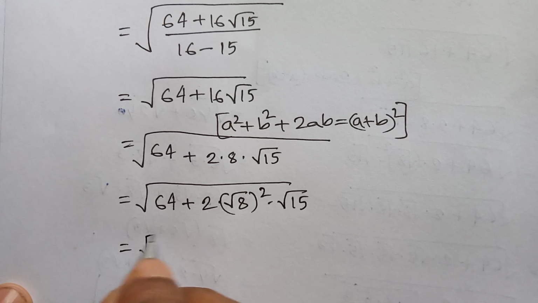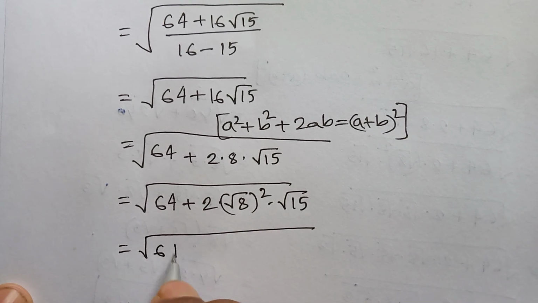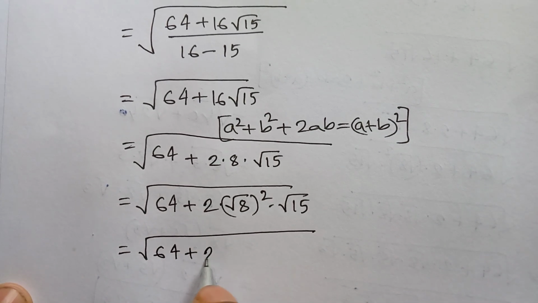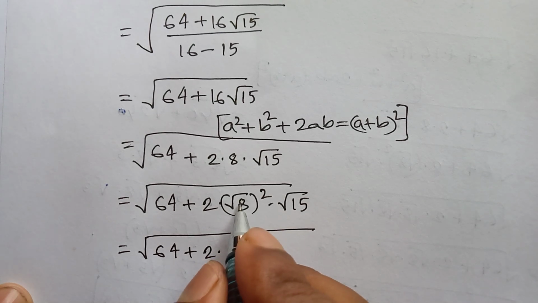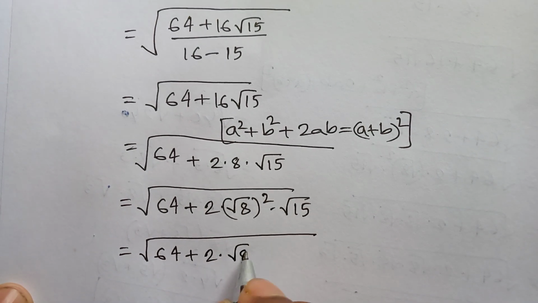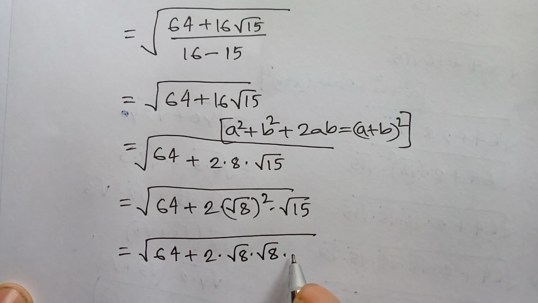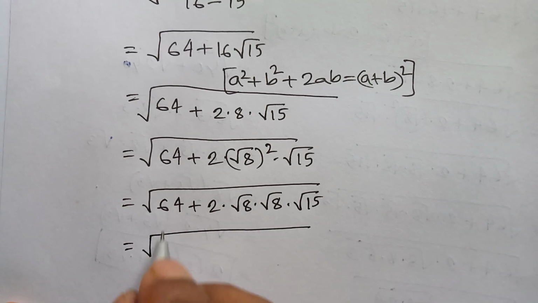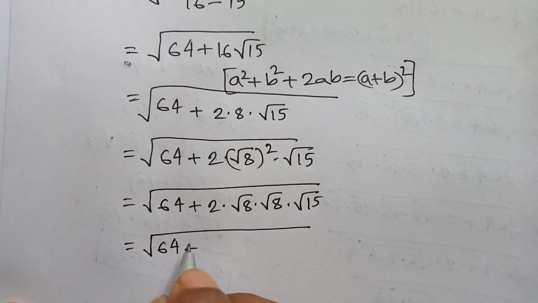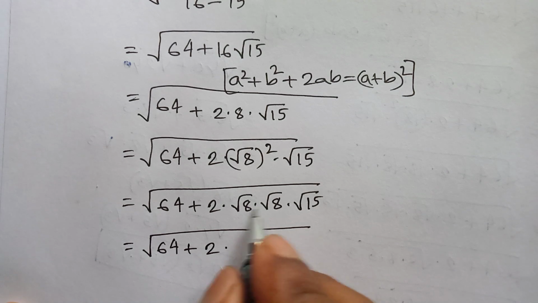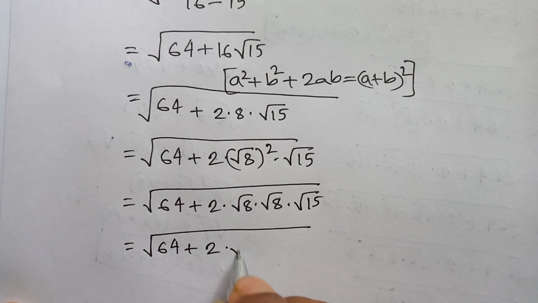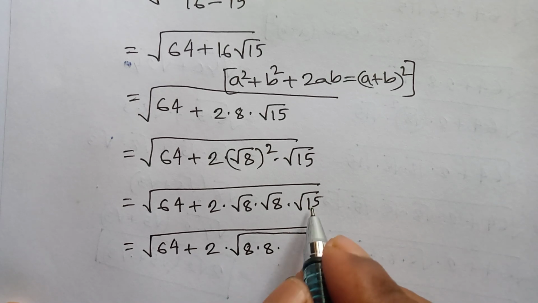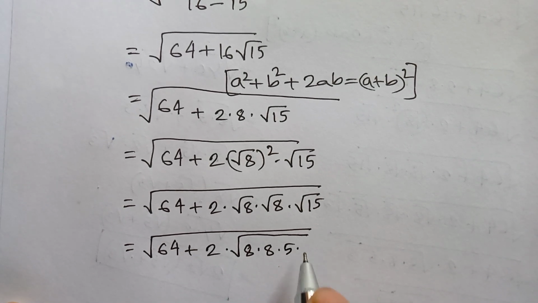Next step, this 64 plus 2 times root 8 square, it can be written as root 8 times root 8 times root 15, or under the square root of 64 plus 2 times, and this whole thing can be written as the square root of 8 times root 15, which is 5 times 3.